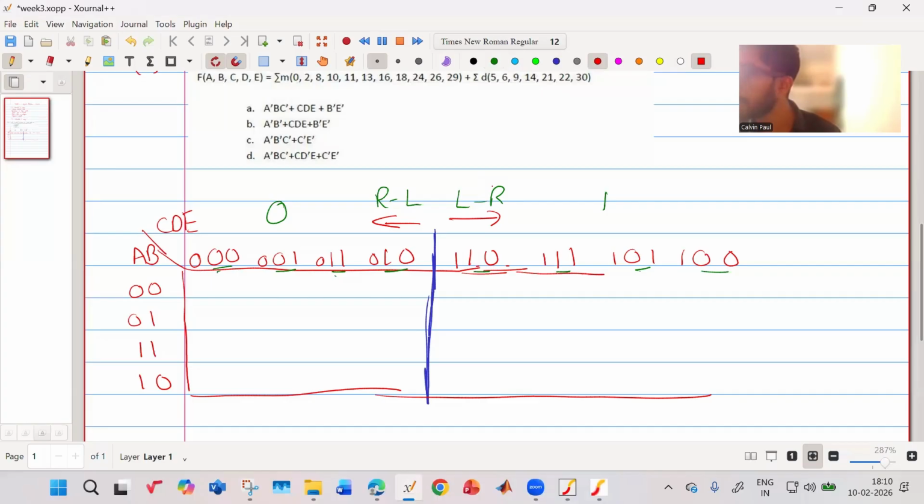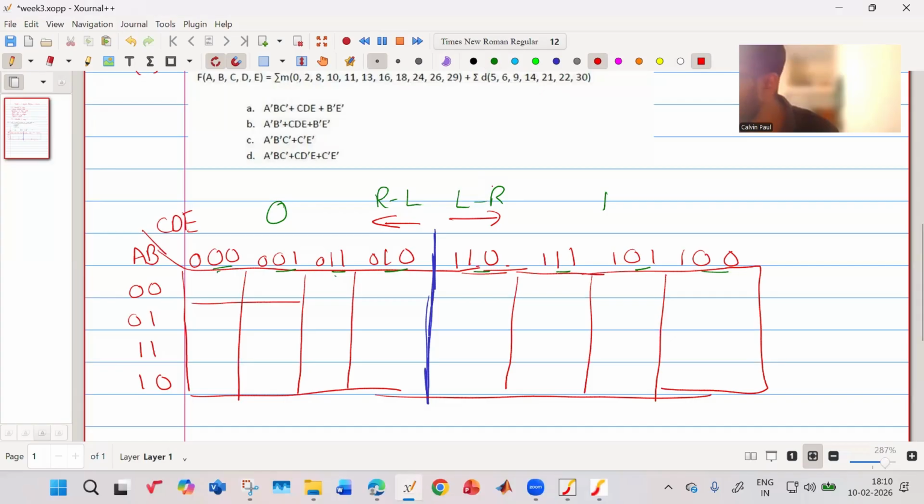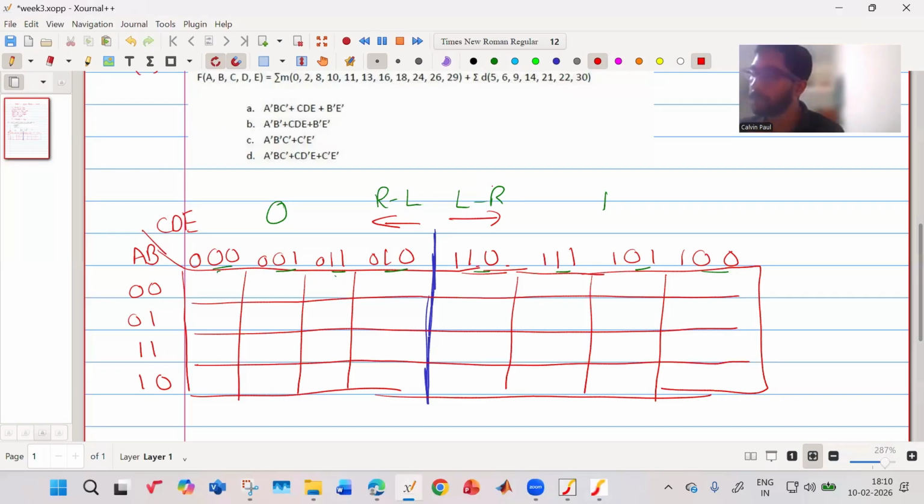Now, let us complete this. Draw the lines and make the separation, and draw these rows. Done. Now, it is important to number it.